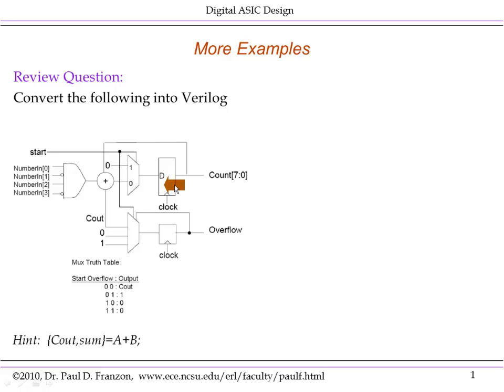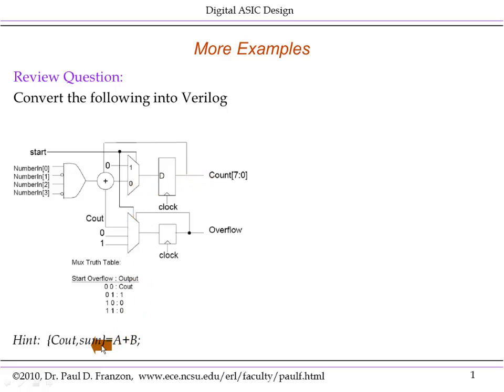And of course this is relatively straightforward. What we have here are 2 registers. So what we need to do is take the input logic to those registers, which are muxes, and code them together with the register assignment. So we'll have an always at posedge clock block or 2. However, there's some complexity here.